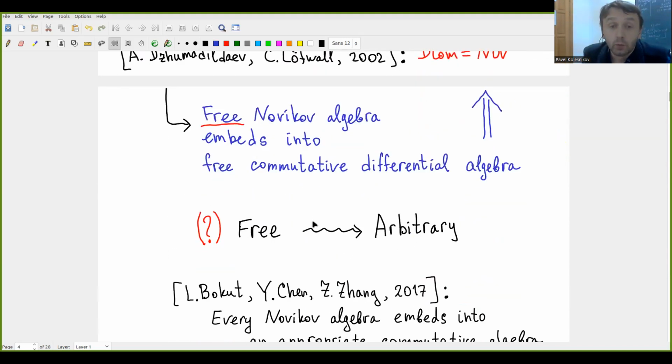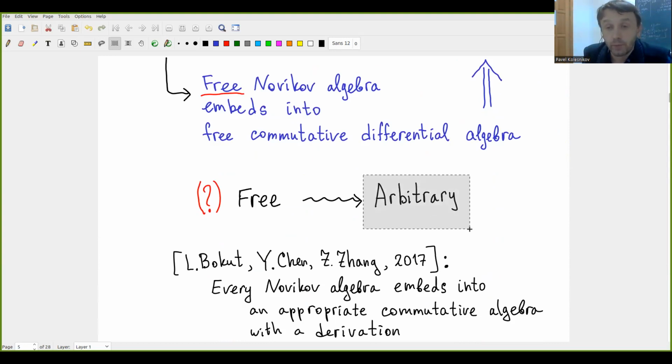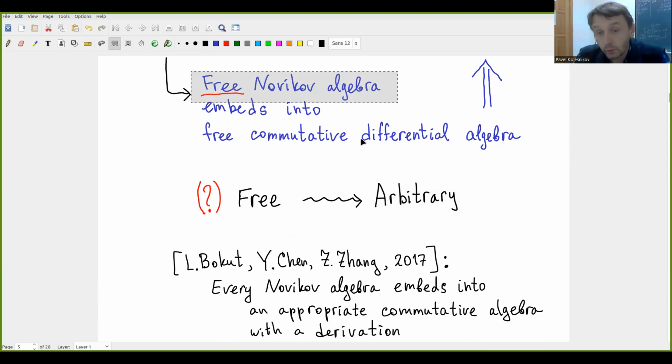Well, but what about an arbitrary Novikov algebra? If the free Novikov algebra can be embedded into differential commutative, then why can an arbitrary one also be embedded? The positive answer was found by Bokut, Chen, and Junk in 2017.